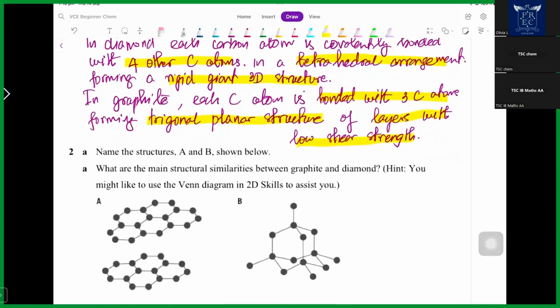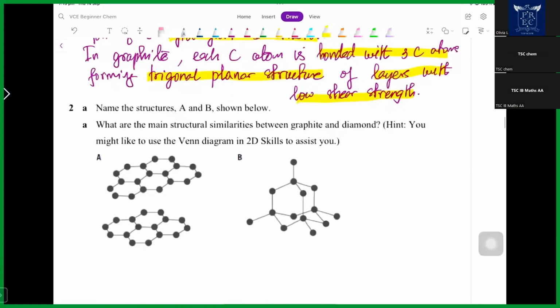What are the main structural similarities between graphite and diamond? They are connected by strong covalent bonds. It's also a giant structure, because each layer forms a very large crystalline structure. Of course this is trigonal planar, and this is tetrahedral.